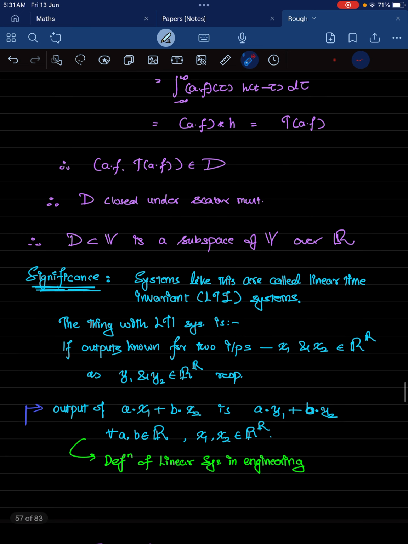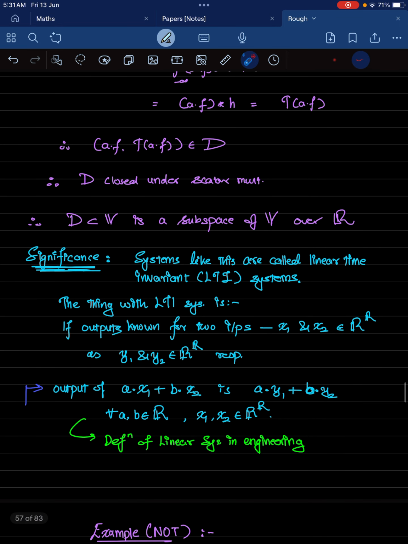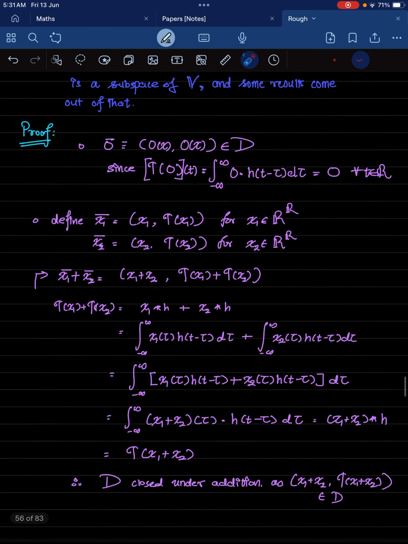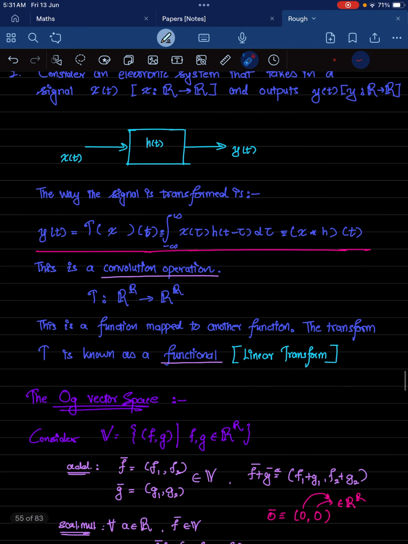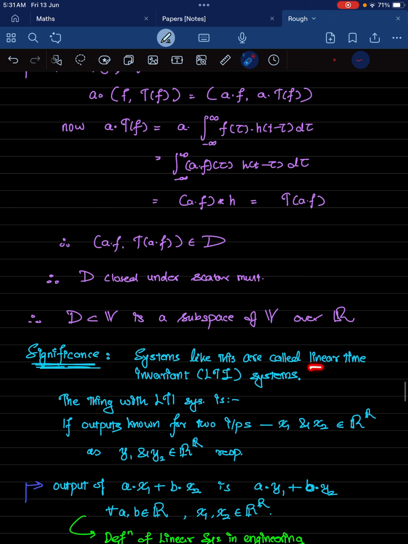Okay, so this is the whole linear algebra part. This is where the significance of that thing comes in. Now systems like this have a pretty nice name. Any system which transforms one signal to another signal like this using a convolution is actually called a linear time invariant system.